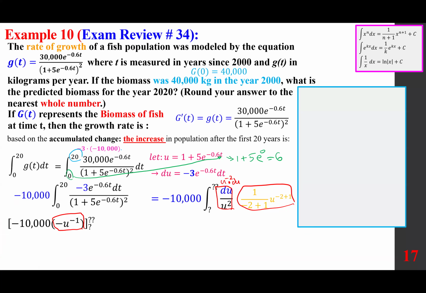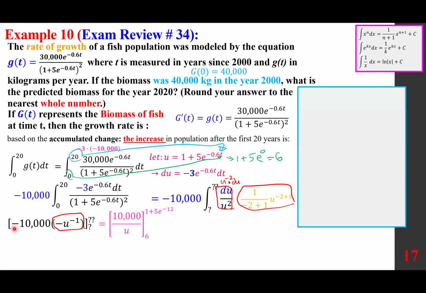What if we put 20 in here? We get 1 plus 5 e to the power of the product of negative 0.6 and 20, which is negative 12. So the lower limit is 6. The upper limit is 1 plus 5 e to the power minus 12. And this one, we put it as 10,000 over u.